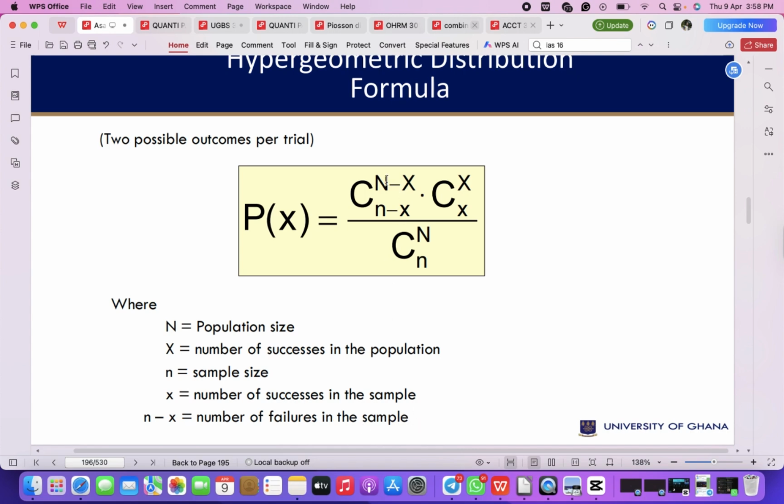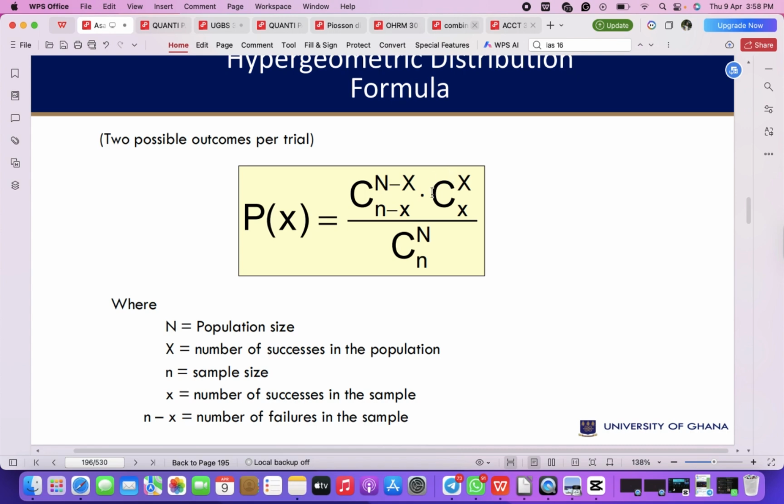Alright, so this is the formula. Okay, so our combination of the population size minus the number of successes in the population, right? And this is our sample size minus the number of successes in the sample.